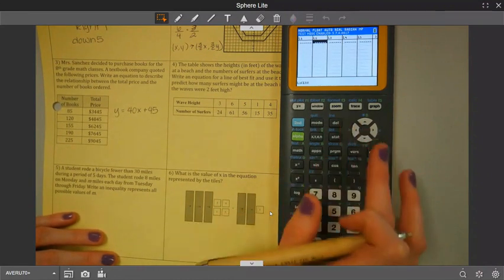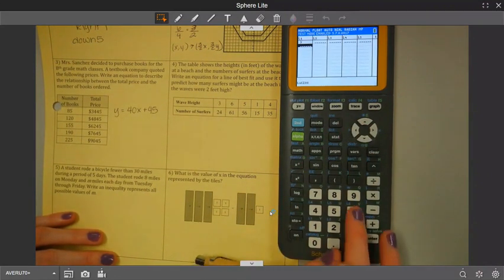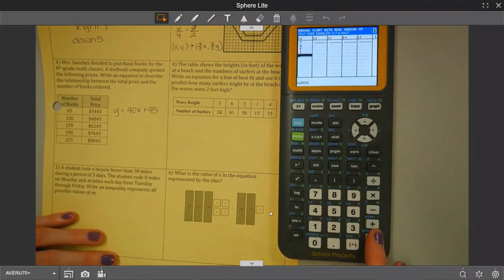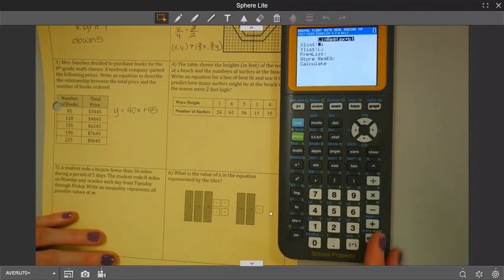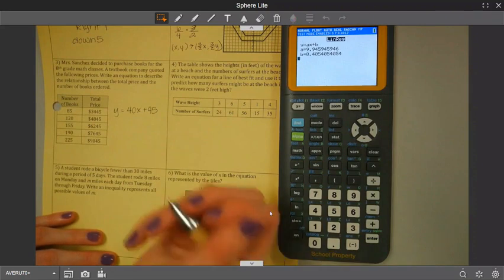And our x values go in list 1. So we have 3, 6, 5, 1, and 4. Then I'm going to arrow over. We have 24, 61, 56, 15, 35. Then we'll go back to stat, right arrow to calc, number 4, enter till the screen changes.